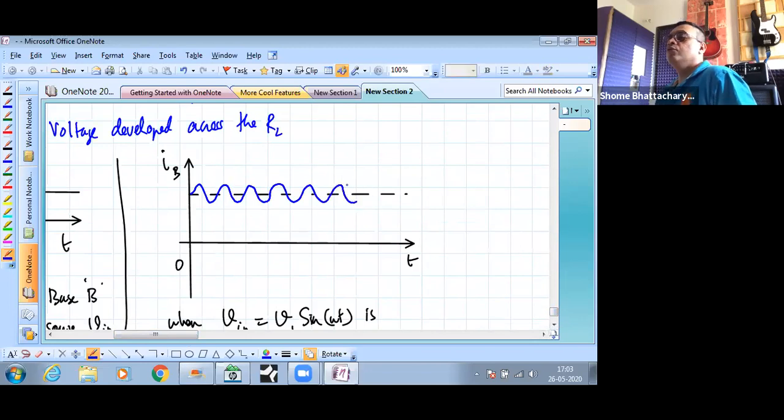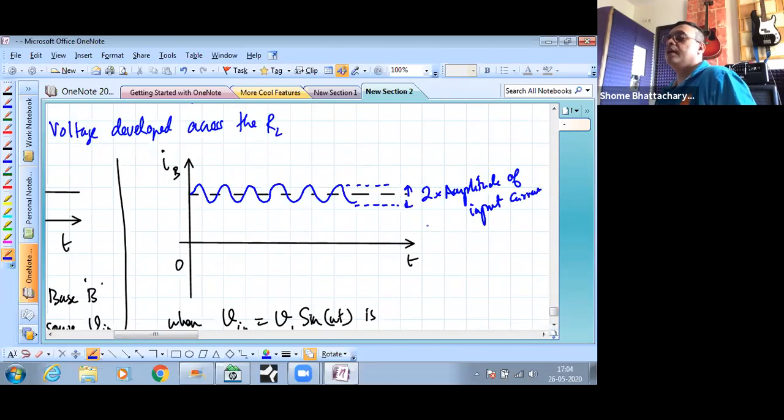And whatever amplitude this current has, that is called the input current amplitude. So this peak to peak value is 2 times the amplitude of the input current. So that is the input side of the circuit.